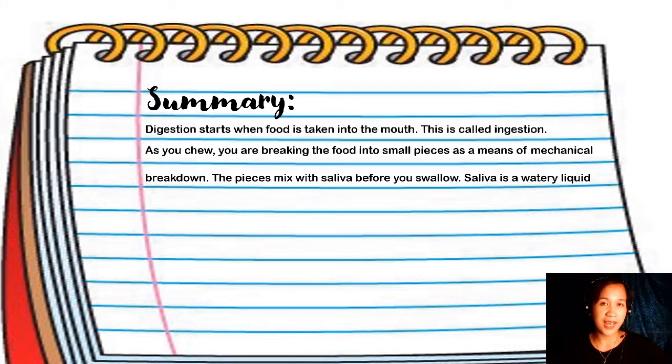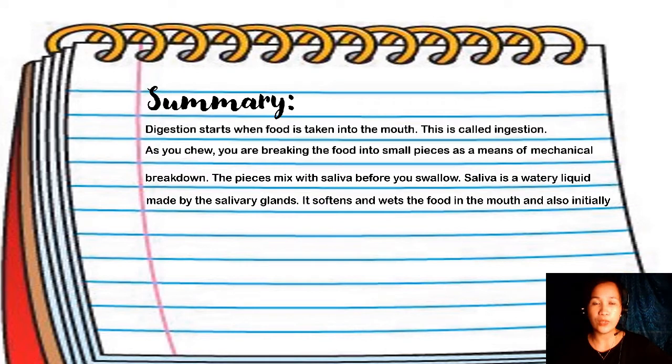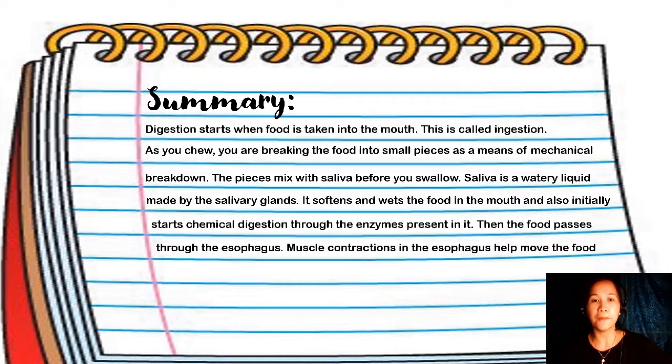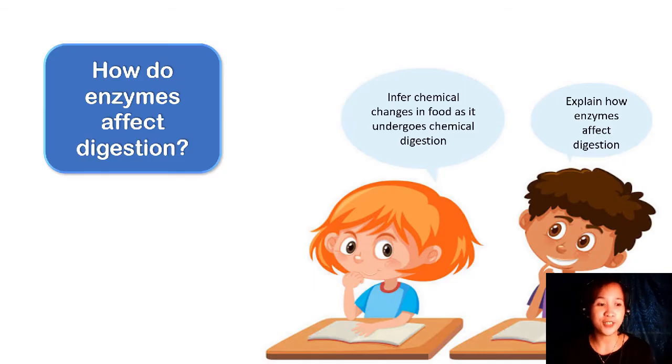Saliva is a watery liquid made by the salivary glands, and it softens and wets the food in the mouth and also initially starts chemical digestion through the enzymes present in it. Then the food passes through the esophagus, and the muscle contractions in the esophagus help move the food down to the stomach, and this is what you call peristalsis. Okay, let's proceed. So we are done with the mechanical digestion.